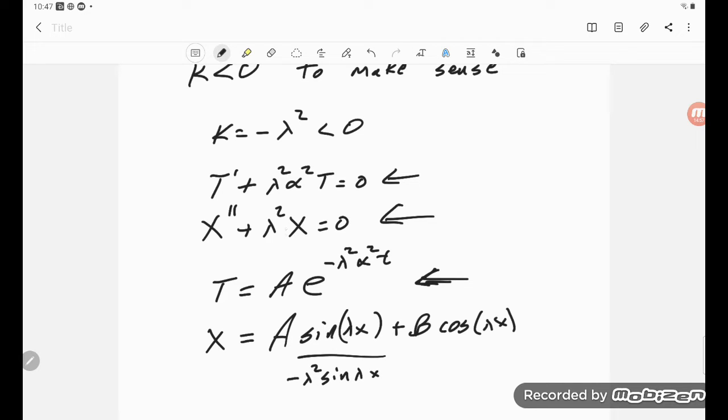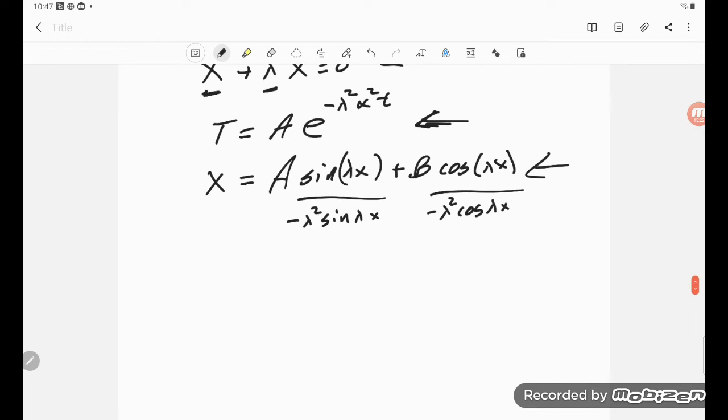And so you see you'll have a minus lambda squared here, a plus lambda squared there, and we will indeed get 0. Similarly, if you take the second derivative with the cosine here, you'll get a minus lambda squared cosine lambda x. So same thing for that, those both work. And so these are the two solutions.